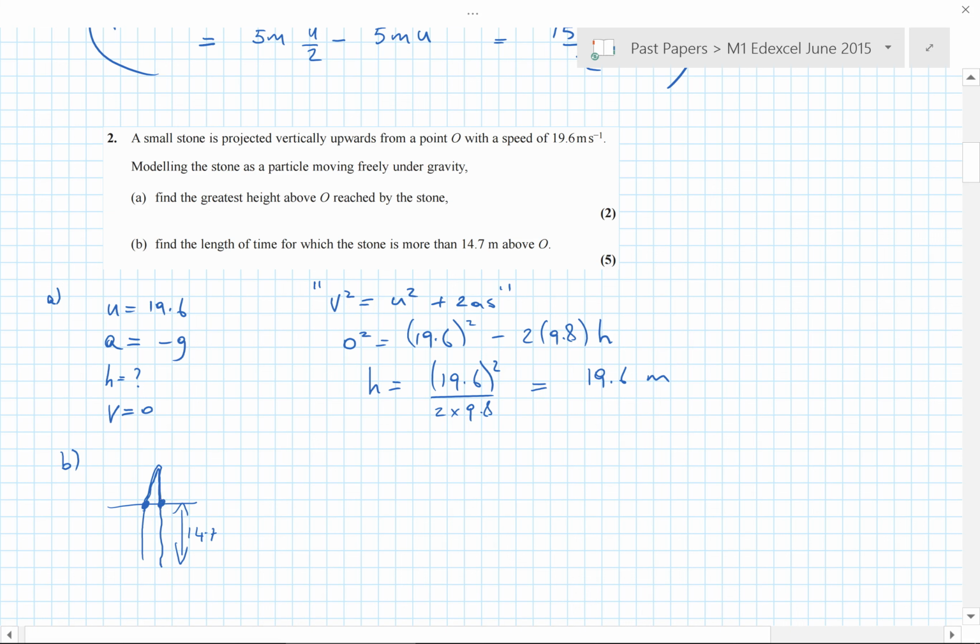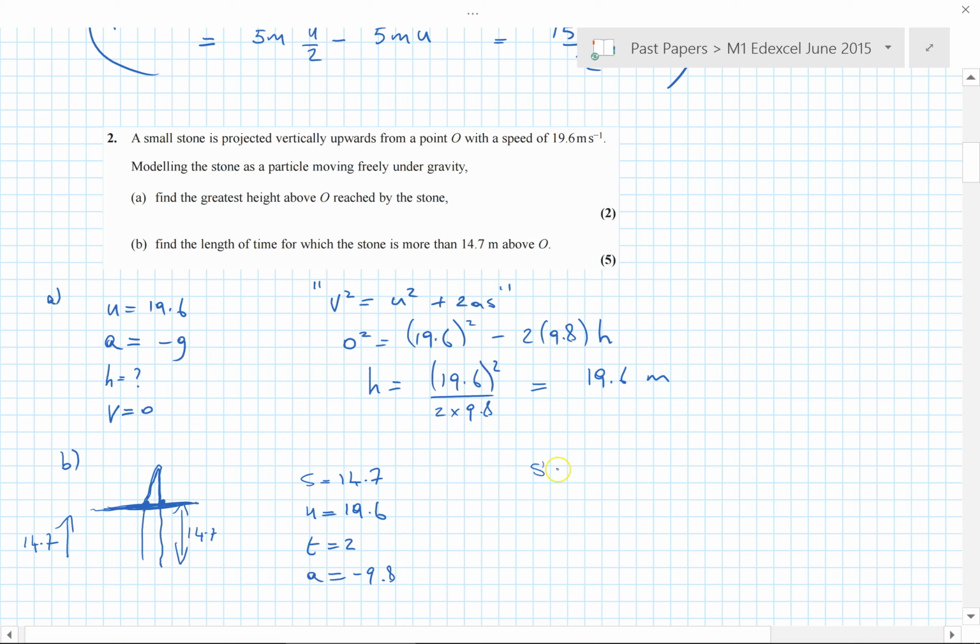If we apply an appropriate SUVAT equation of motion, with s equal to 14.7, then we're going to get two values of t. So s is 14.7, u is 19.6, t is what we want, and a is minus 9.8, or minus g.